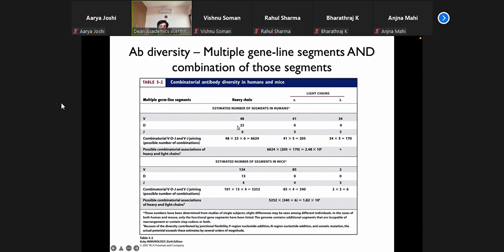Now, how do you calculate how many different combinations can take place? You just multiply these numbers, and you get to whatever this 6,000 or so number is, right? Same for the kappa chain, one of the light chains, and another for lambda, right? And then you multiply this by either this or this.